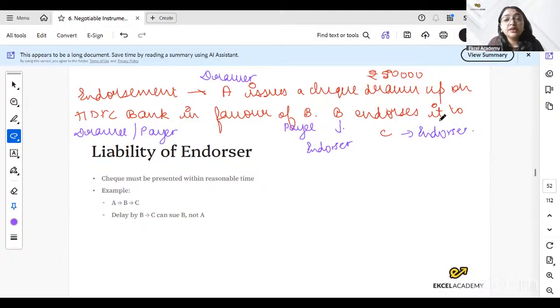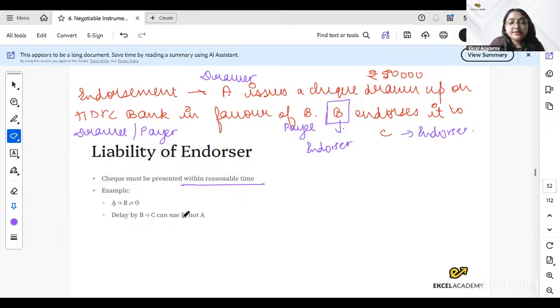The reason I'm giving these examples time and again is for you to understand the parties by default. You do not have to necessarily memorize every party that is there. But if you have understood the concept, then understanding and remembering the parties becomes easier. So liability of your endorser. Who is your endorser in this case? B. So what is B's liability? The check must be presented within reasonable time. So let's say same example, A to B to C.